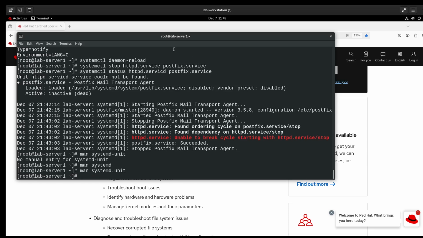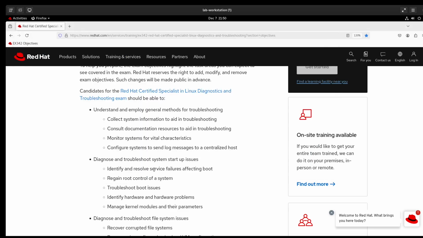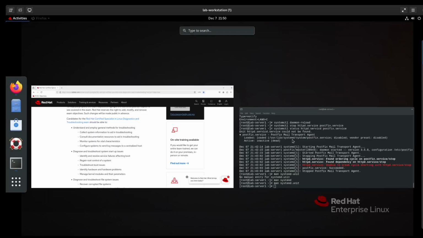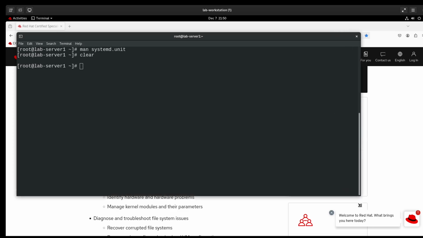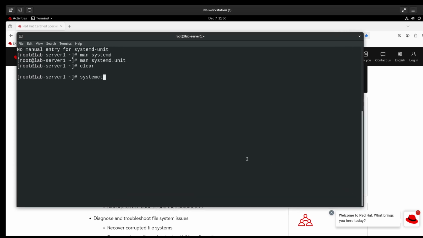Now, for the piece that's talking about service failures affecting boot, we can do this. It's probably going to be a lot of stuff, but we'll see. systemctl list-dependencies multi-user.target.